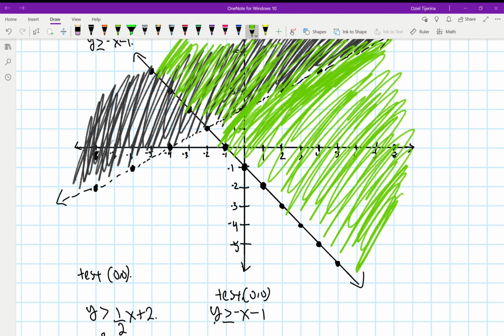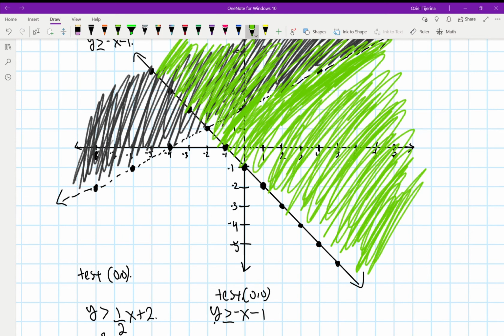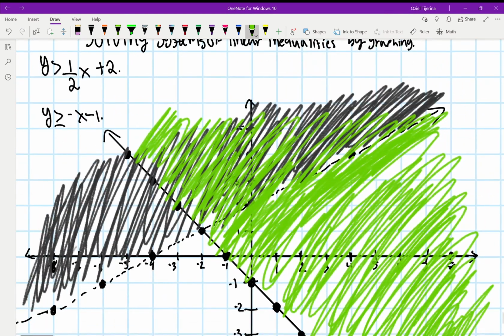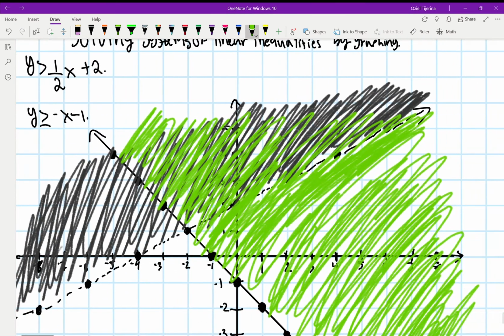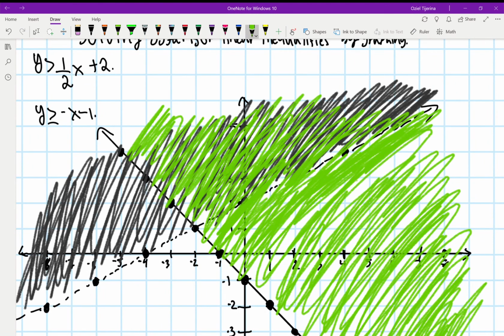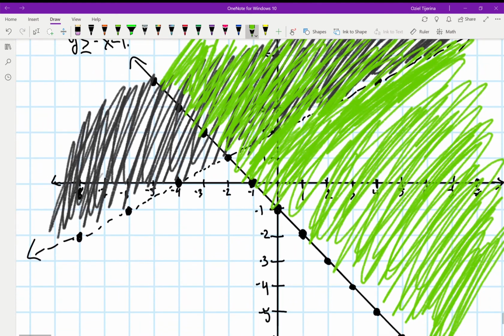So in reality, our inequality states that if we were to solve this, basically this entire part right here where it's shaded on both sides, black and green, this would be our actual solution, because it is both black and green, okay?